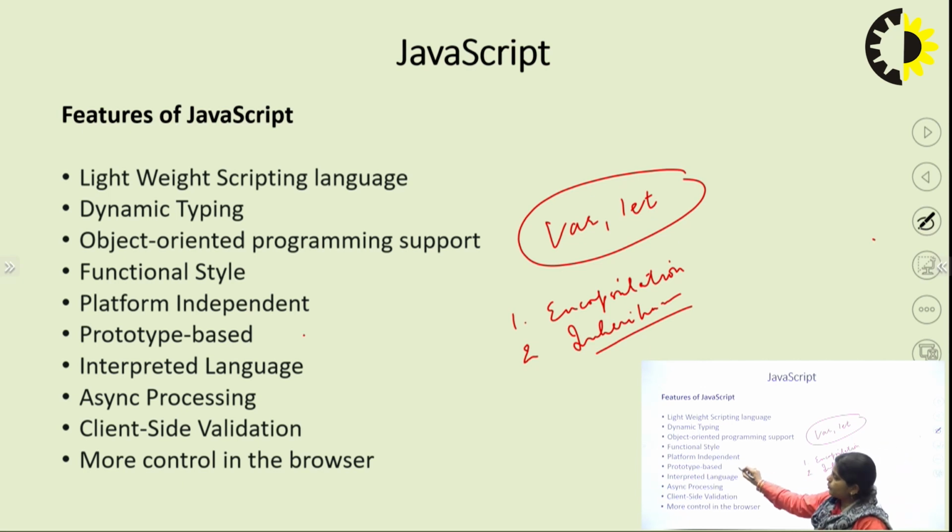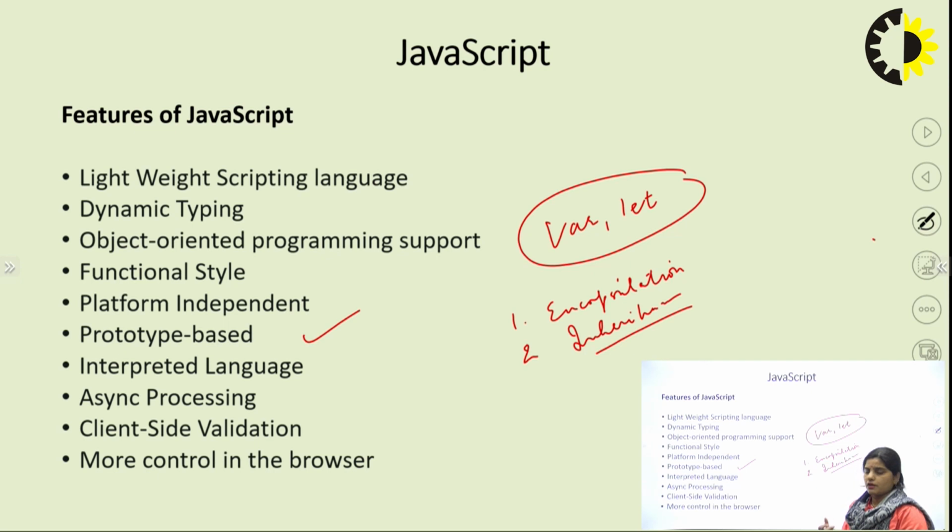The next one is prototype based. This prototype based feature of JavaScript provides us flexibility: we first define the prototype definition, and after that we can add objects to that prototype, and those objects can be further combined or added on to the behavior of the prototype.